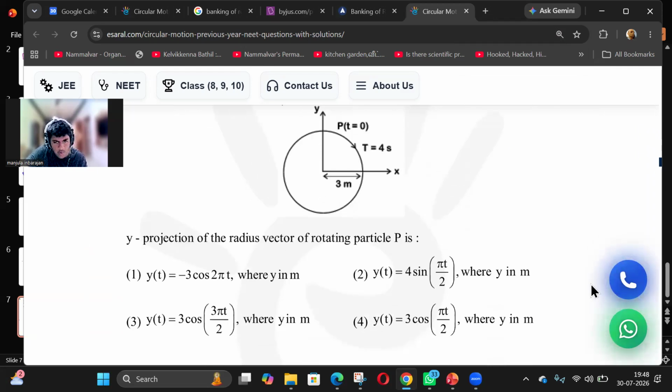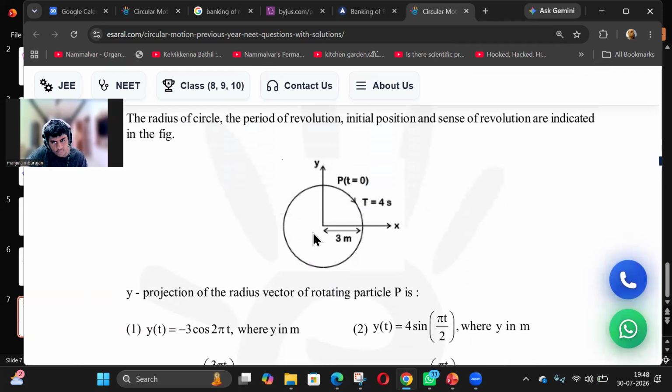So you have to find y as a function of time. Projection. Again, t equal to 4 seconds. Y is also given. You have to take u cos theta. Point P where t is equal to 0.